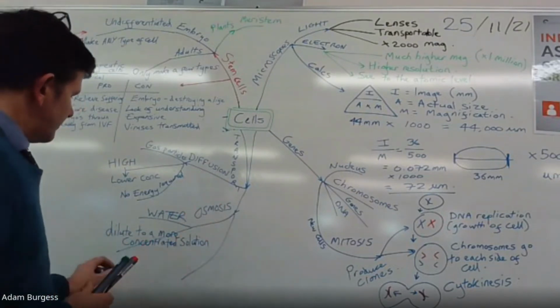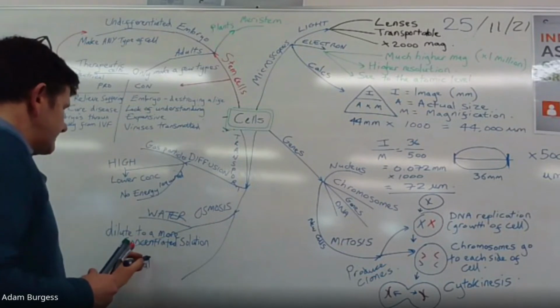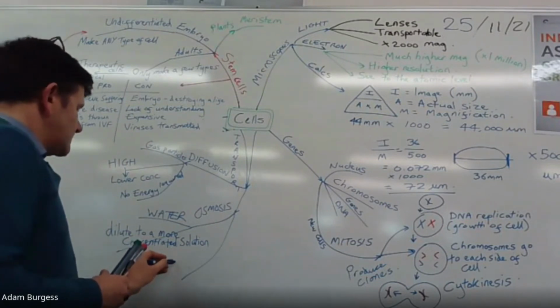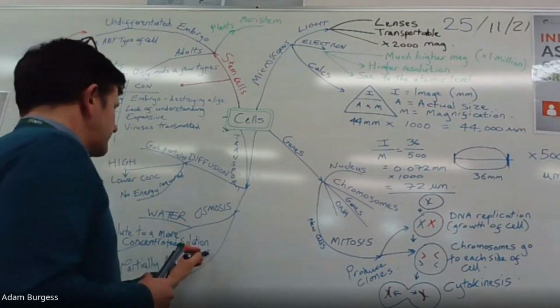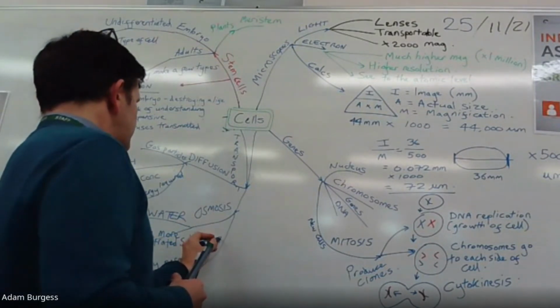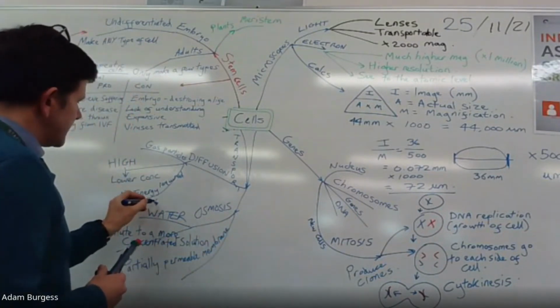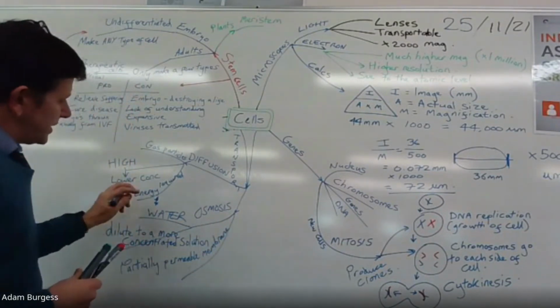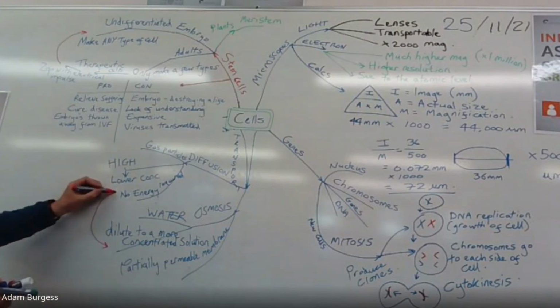And it has to travel through a partially permeable membrane or semi-permeable membrane. Again, no energy required, same as diffusion. So I've put it over there with them. So no energy required.